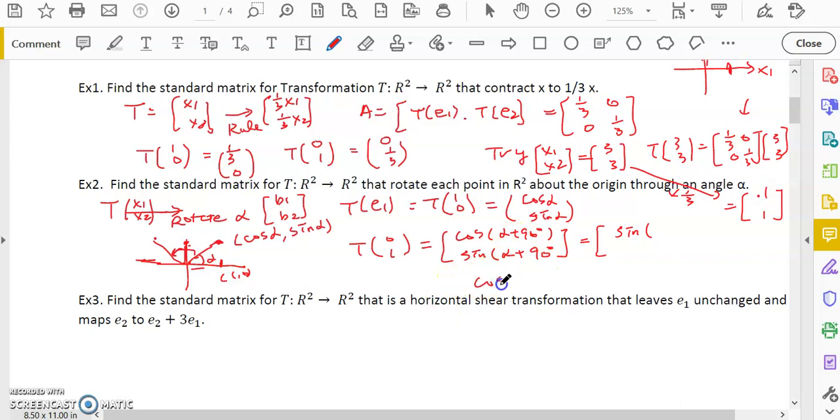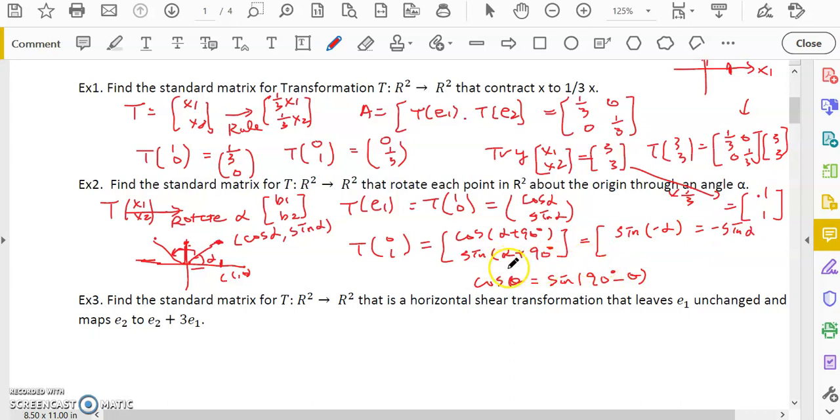Because cosine of any theta is equal to sine of 90 minus theta. You can also use the difference angle. So if I do 90 minus this one, it will be 90 minus alpha minus 90, so that would be negative alpha. And that's actually negative sine alpha.